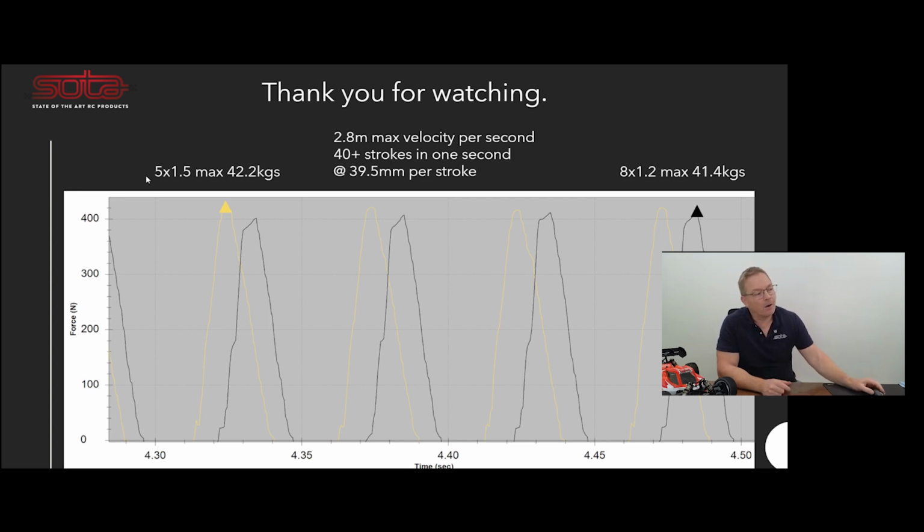I would say in a simpler way that the 5 by 1.5 is sort of squandering the opportunities that the silicon oil provides it. So the silicon oil provides a resistive force, but because that 1.5 hole is just that little bit more open, it's letting the oil go through, and it's getting a bit of a free ride.